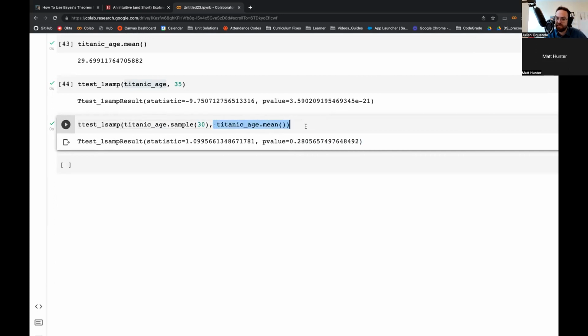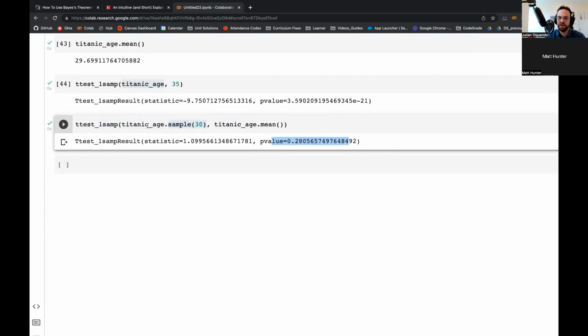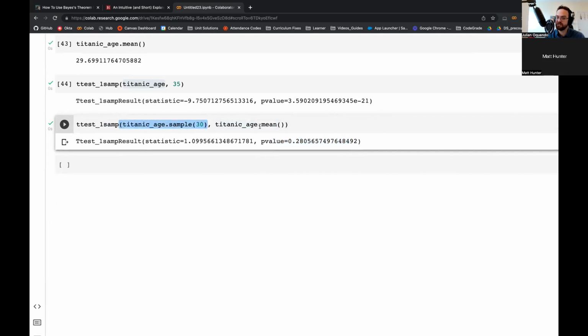It essentially means that this sample, given this p-value, is indeed a part of this distribution. Sorry, I might have gotten myself mixed up there in my explanation. What this tells me is that the sample of 30, which we understand is a sample of this average, fits.